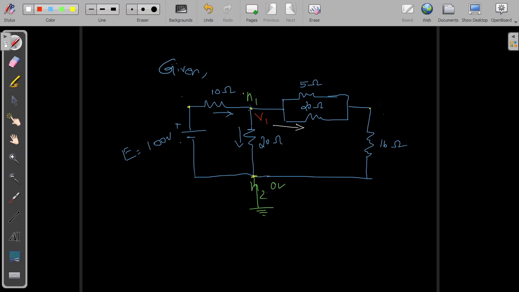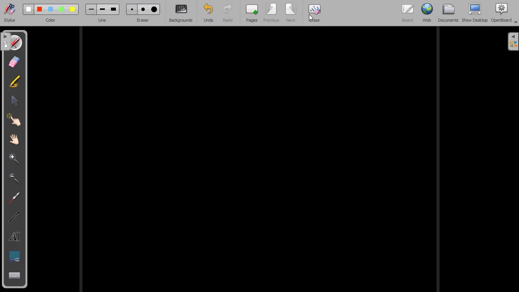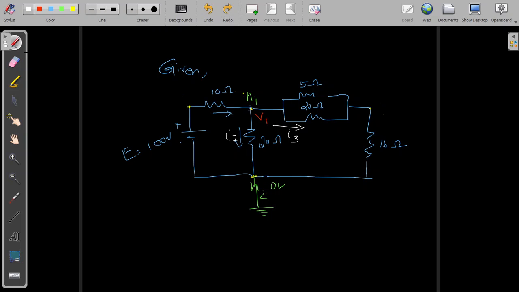Here I have I3, I2 like this in this direction, and I have I1 in this direction. I am assuming the current directions as shown in the figure.